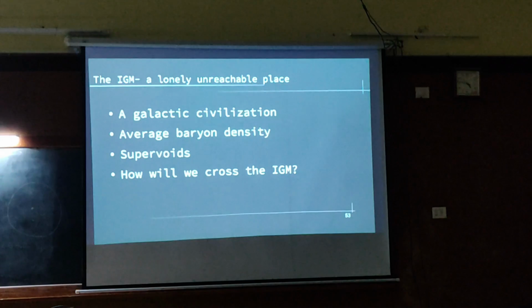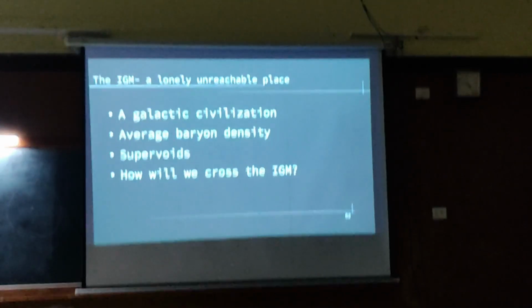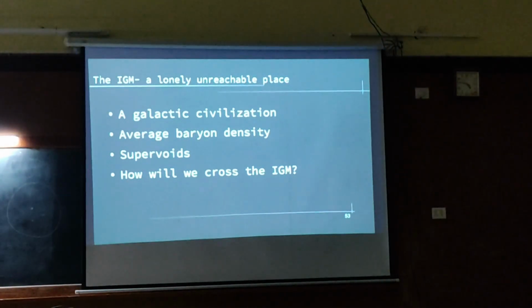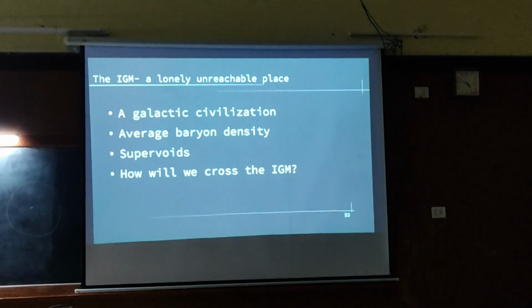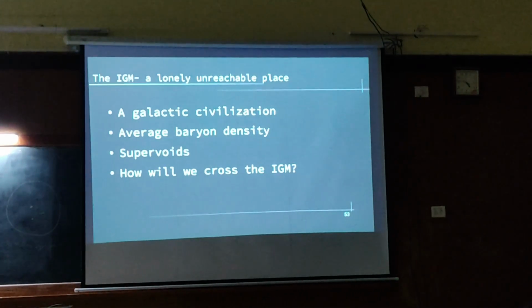There are large distances with almost no stars, in between us and Andromeda. That's called the intergalactic region. The density over there is much lower, so we don't have much hope of traveling through that. So are we stuck? What should we do? Will we ever cross that gap?